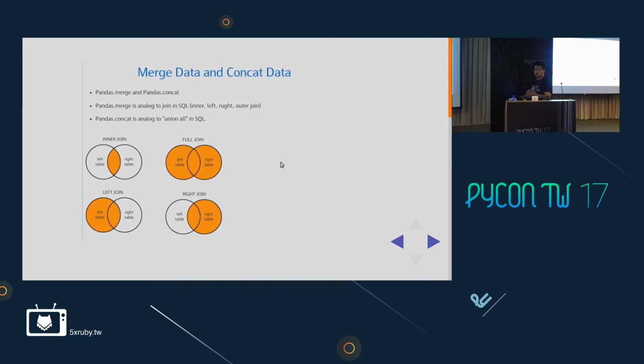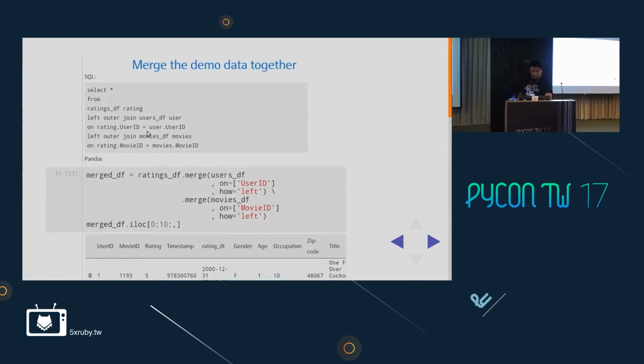Okay, so we are moving to how to merge and concatenate data. It's actually merge data frames or concat data frames. Merge is just like SQL join. If you have written some SQL code, you may be familiar with this concept.